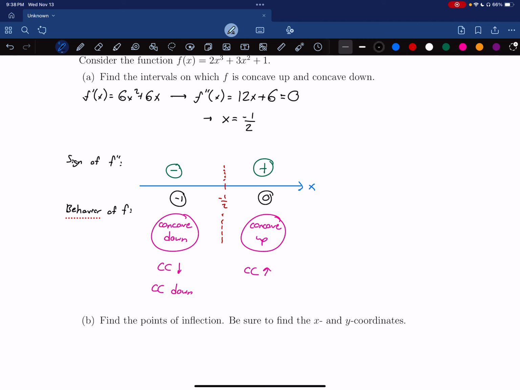Similar to the last video, we'll have to really make sure we explain the concavity. So we'll say f is concave up on the interval from negative 1/2 to infinity, and concave down on the interval negative infinity to negative 1/2.